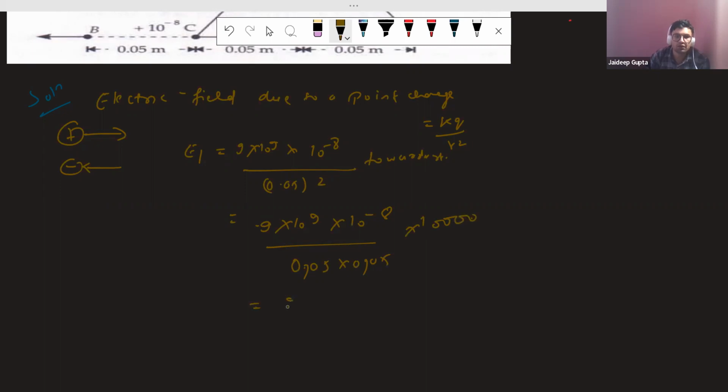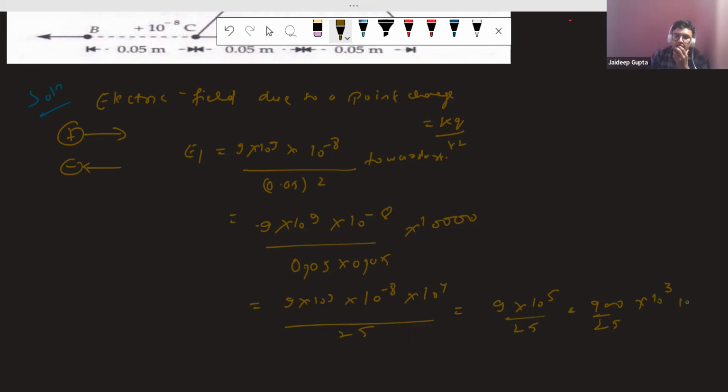So 9 into 10 to the 9 minus 8, that is 10 to the 1, over 25 times 10 to the minus 4. If you solve it, you'll get 9 into 10 to the 5 over 25. If you divide 900 by 25, how much will you get?